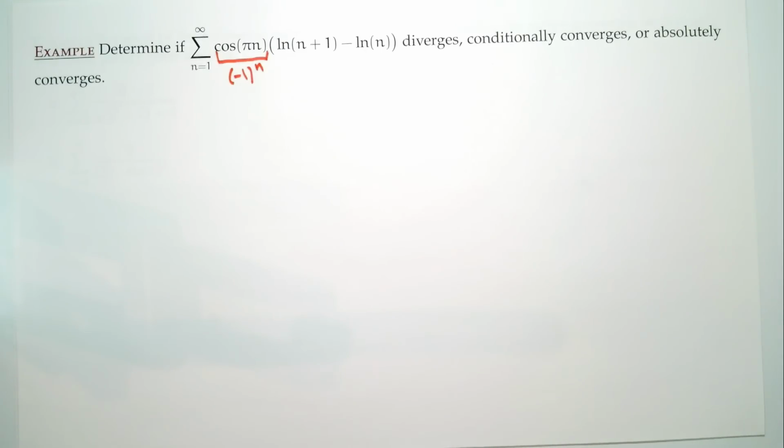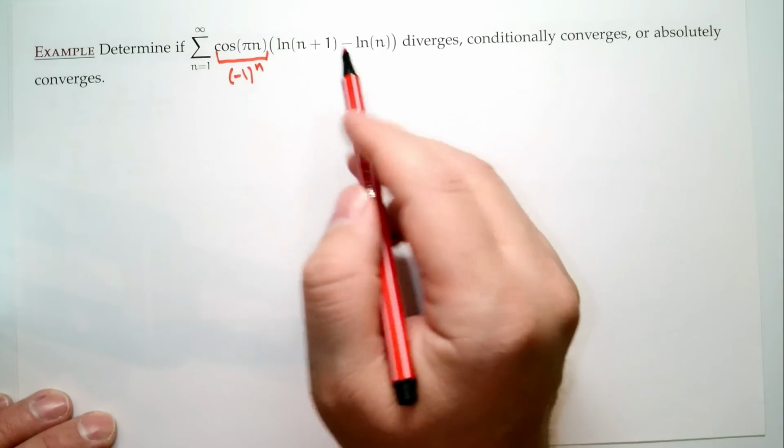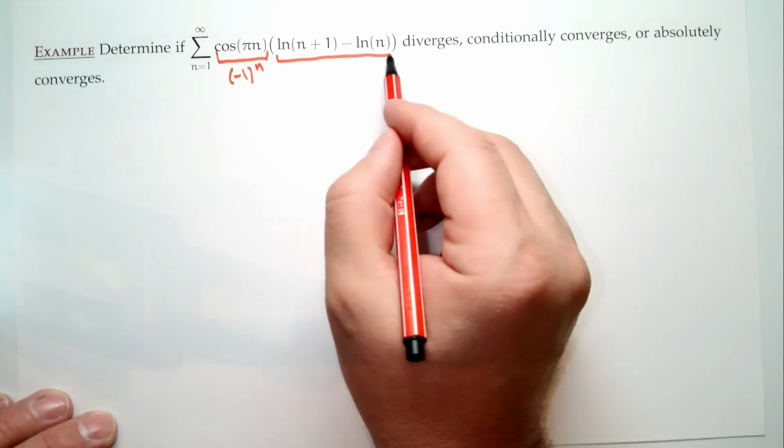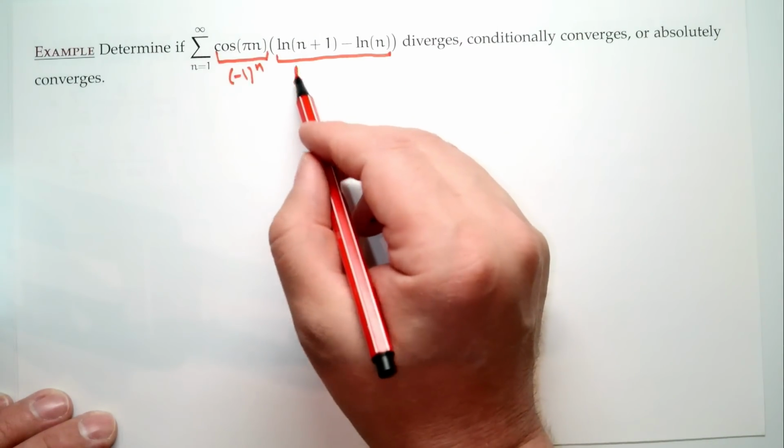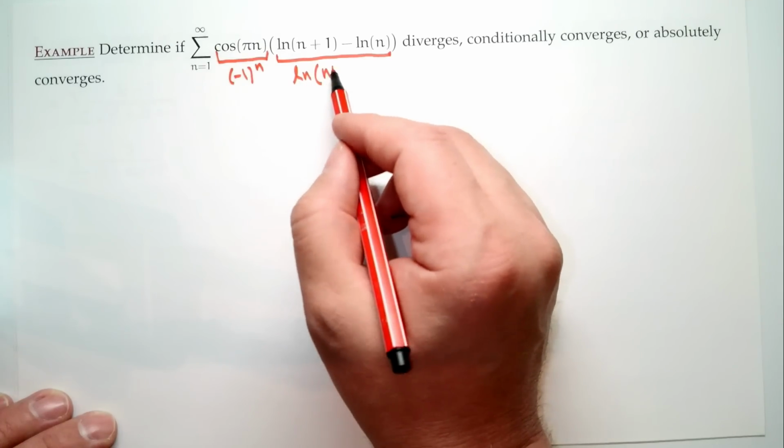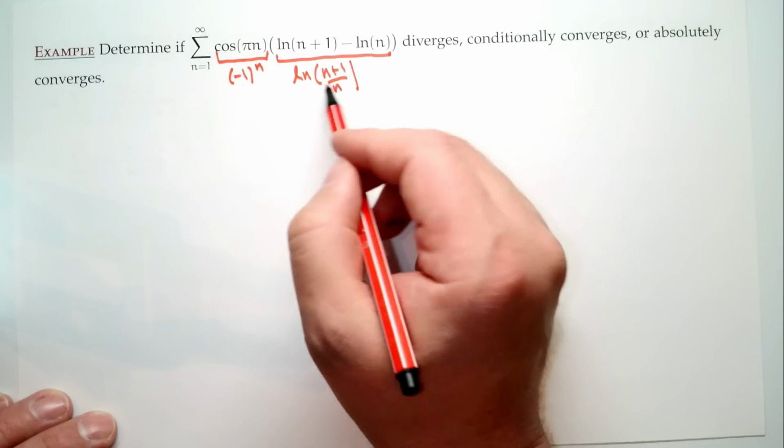So what we have here is an alternating sign coming into play. Now, what about log of n plus 1 minus log n? It can be written as log of n plus 1 over n.